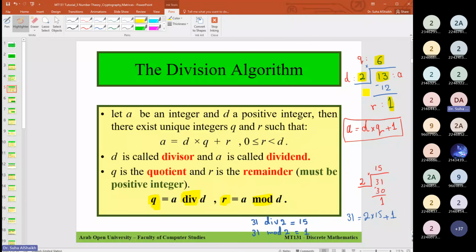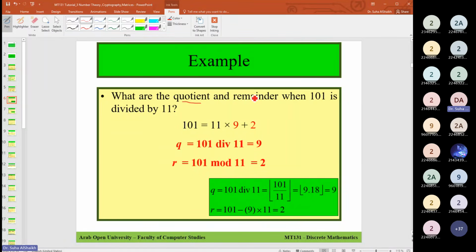Now let's check this example. In this example, what are the quotient and the remainder when we are dividing 101 by 11? Now both numbers are positive, so I can divide them this way. What's the result when we divide 101 by 11? Divide 101 by 11.